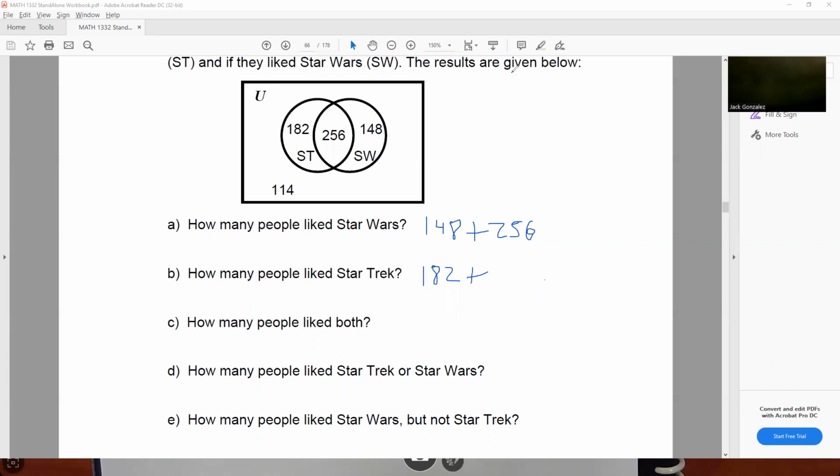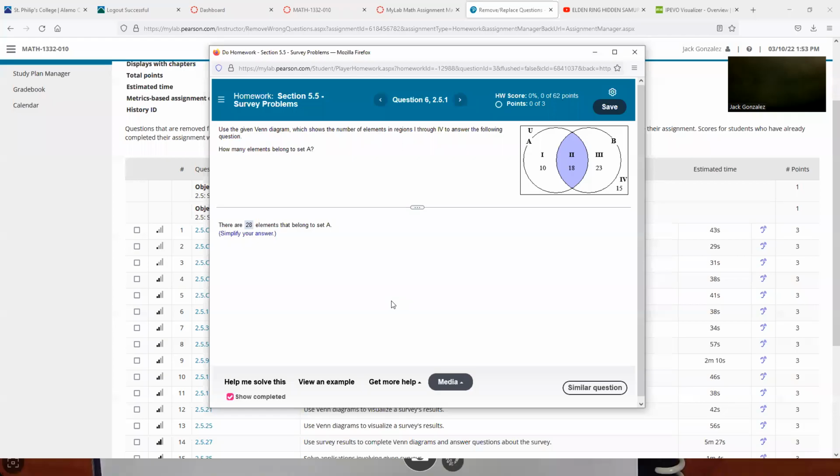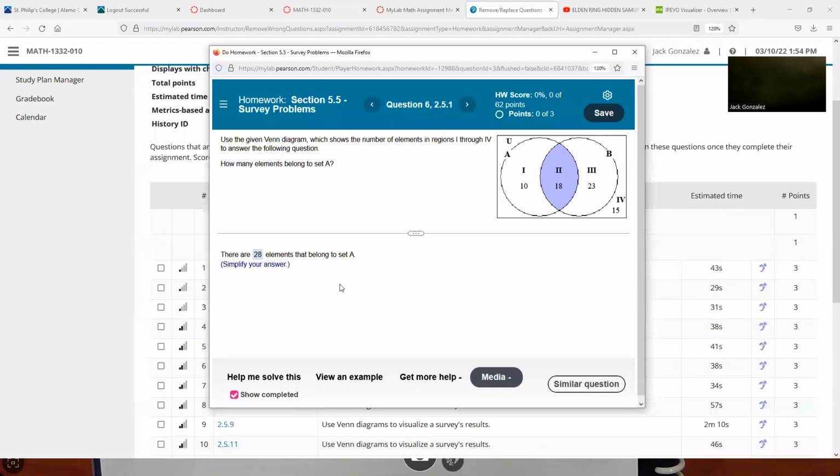Let me check something first. Check out this homework problem. Can you see it from over there? Yeah. Similar to what we just talked about, we'll go back to that question in a second. They give us sets A and B, and they connect them together.